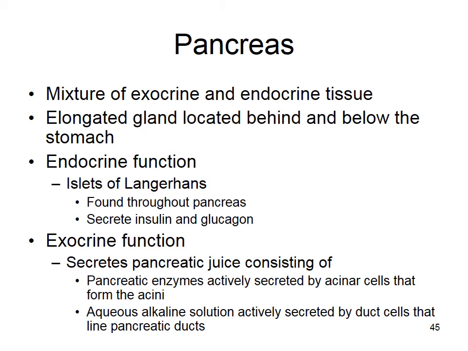Right, so we're going to start talking about some of the accessory digestive organs. So these aren't part of that tube that runs from your mouth to your anus, but they play an important role in the digestion of your food. So your pancreas is considered an accessory digestive organ because its exocrine portion secretes pancreatic juice.